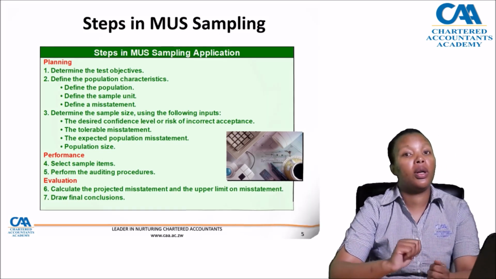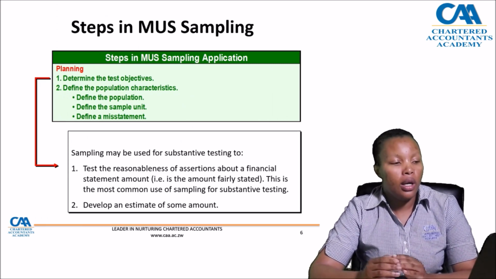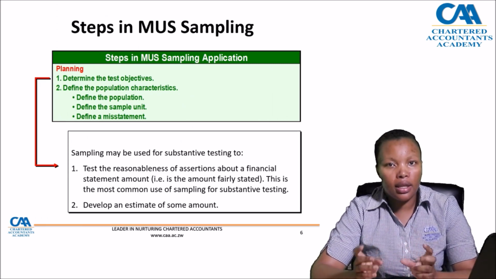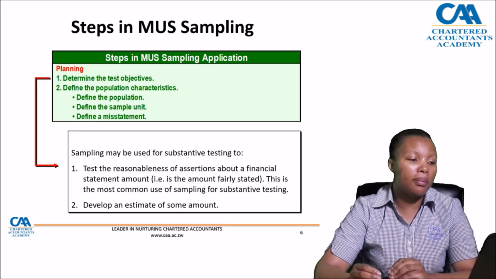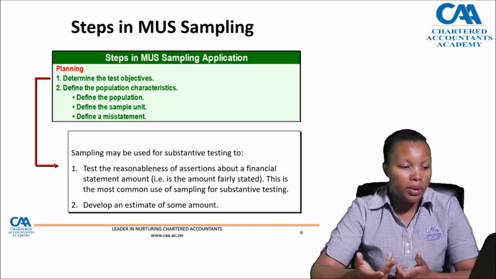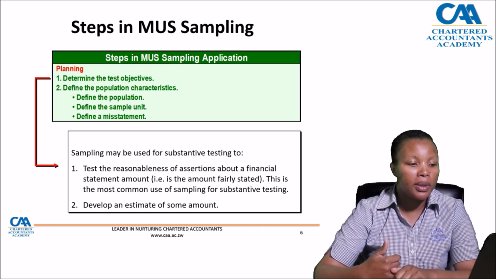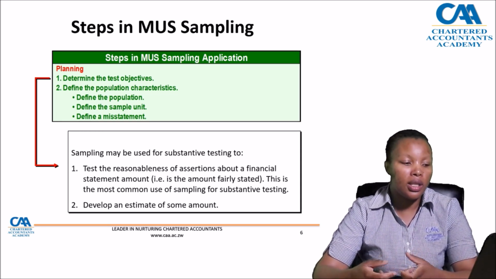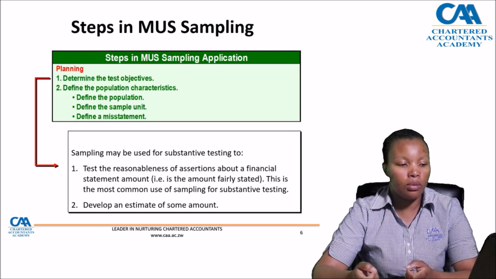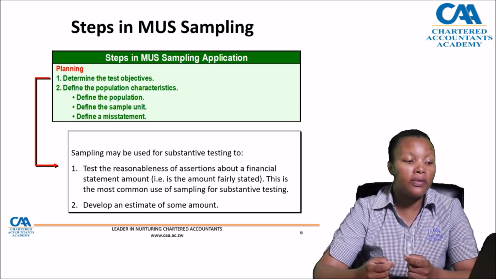So let's get into a bit of the details as to what it is that we're doing now. In terms of determining the test objectives, in monetary unit sampling there could be two. Firstly, you could be testing for misstatements or the reasonableness of the assertions about a financial statement item or an amount. That is to say, is it fairly stated or is it not fairly stated?